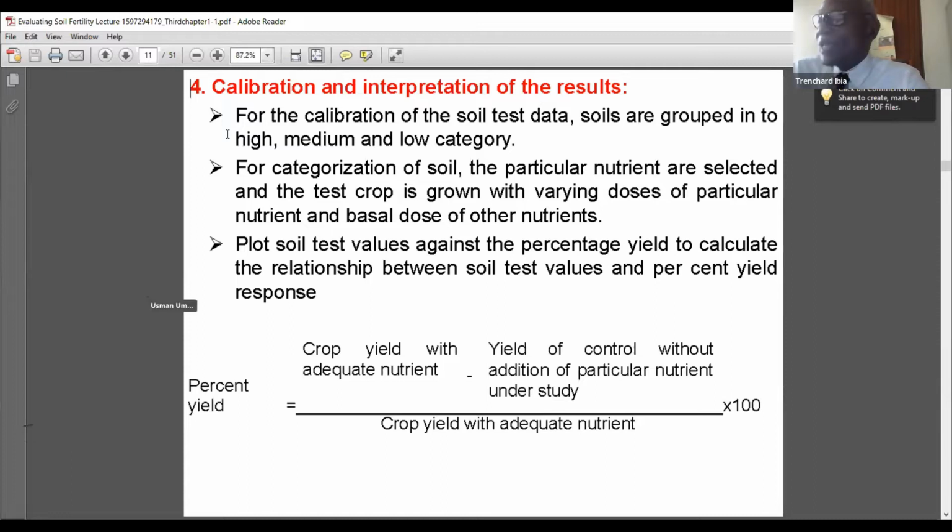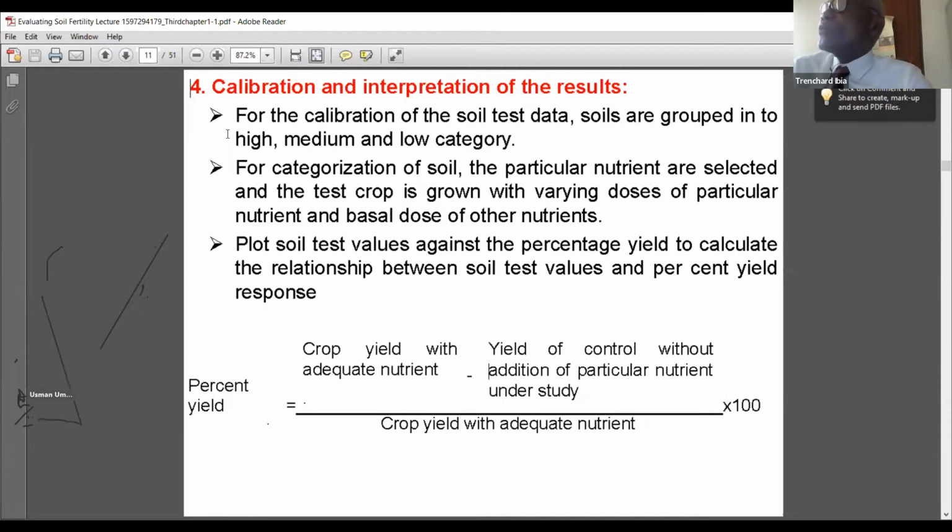So you try to look at different nutrient levels, and you now look at the optimum yield, or what you can call, well, maximum yield. And to do this, you plot soil test values against the percentage yield to calculate the relationship with the equation that is given here. Crop yield with adequate nutrient minus crop yield without nutrients, that is the control, over crop yield by adequate nutrients, and you multiply by 100.